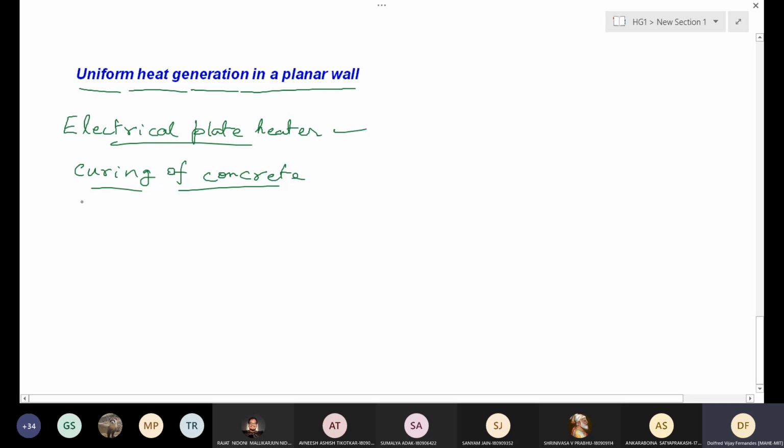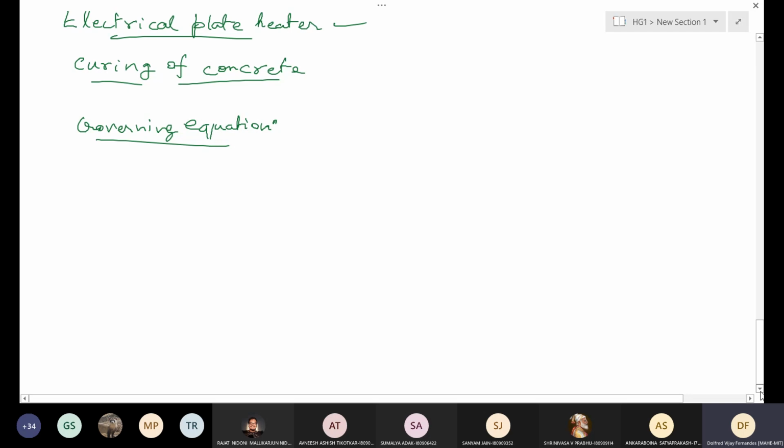And what is the governing equation? We have derived it. Again, we are considering steady state. So first I will write the complete equation we derived for the Cartesian coordinate.